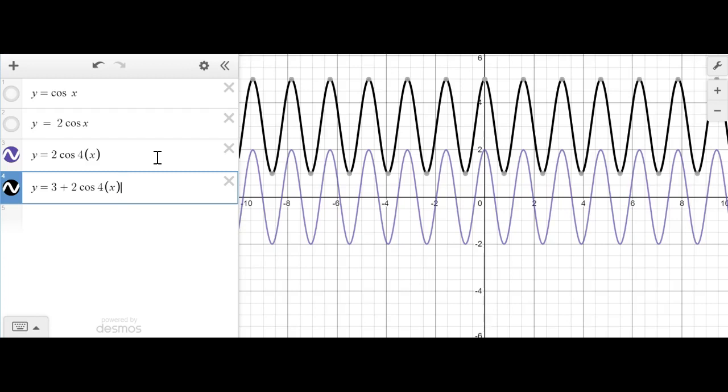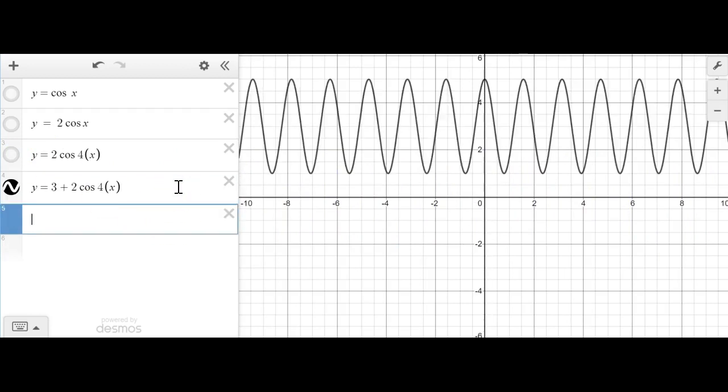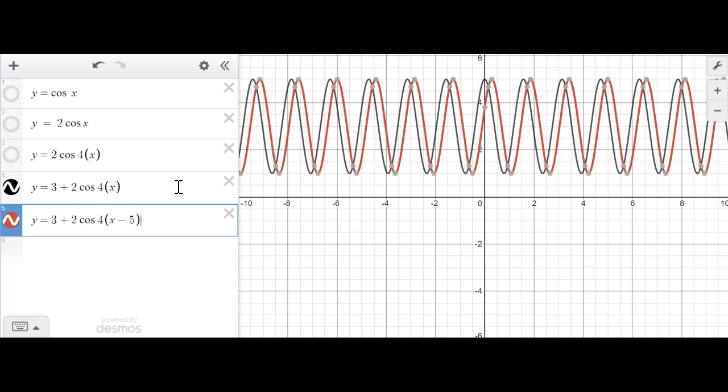It still has an amplitude of 2, still repeats every pi over 2 units, but now it's shifted up by 3. And the last thing we said we were going to do, so let's turn off the purple one, that's our new graph, was make a horizontal shift by 5. So y is equal to 3 plus 2 cosine 4x minus 5.